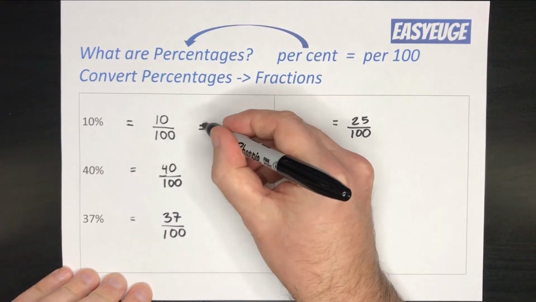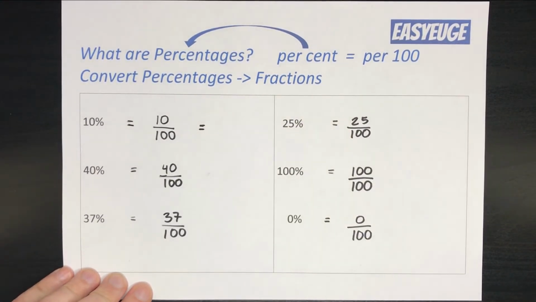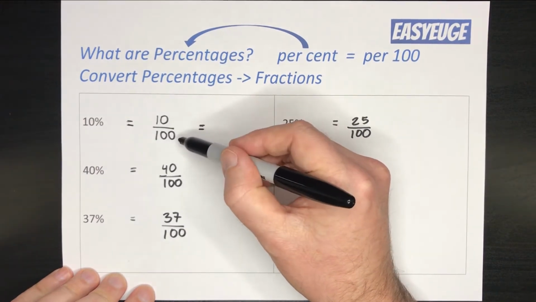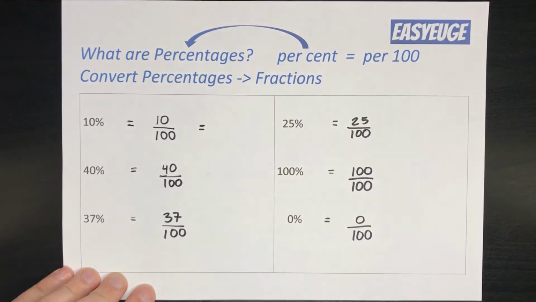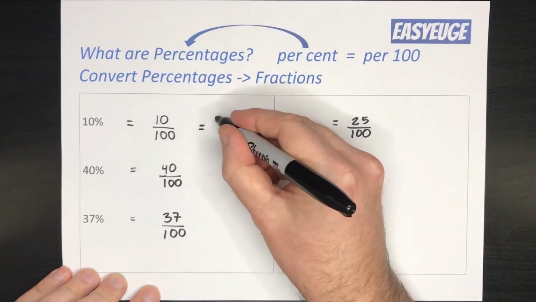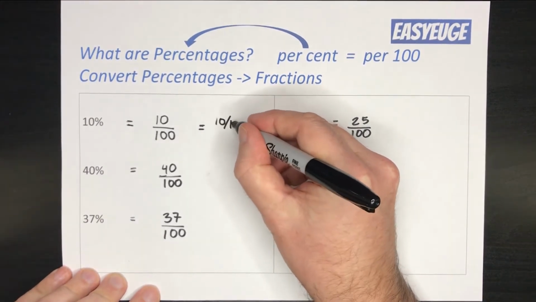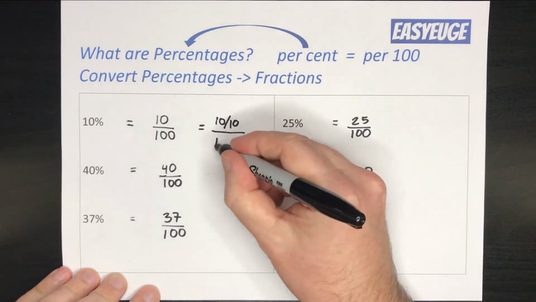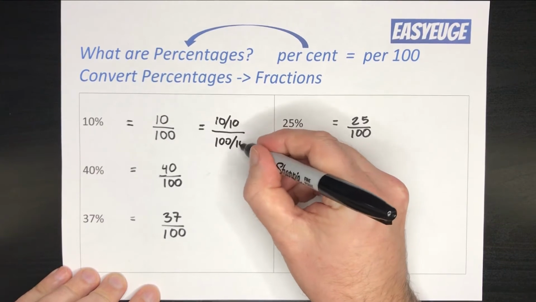So when you simplify fractions, you bring the numbers down. You try and make it as simple looking as possible. So what could we do to the top number that we could also do to the bottom number? I think we could divide by 10. So let's write that down as the top number divided by 10 all over the bottom number divided by 10.